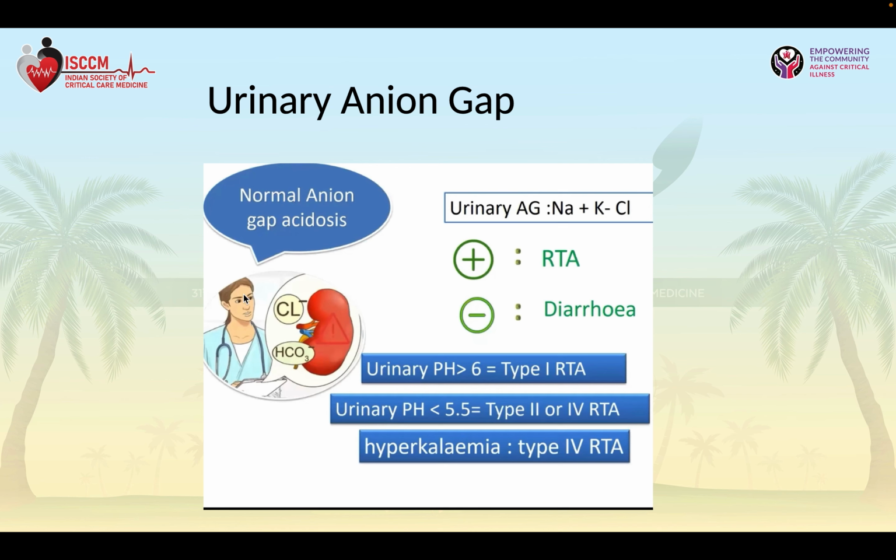In the normal anion gap acidosis, where we look at the urinary anion gap, we know that it is positive in renal tubular acidosis and negative in diarrhea. If the urinary pH is more than 6, it is type 1 RTA. Urinary pH of less than 5.5 is type 2 RTA or type 4 RTA. And with hyperkalemia, it is type 4 RTA.